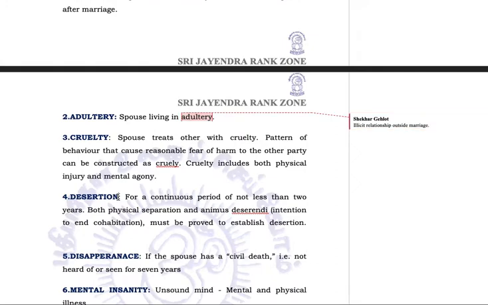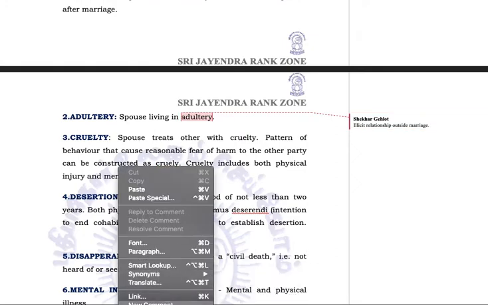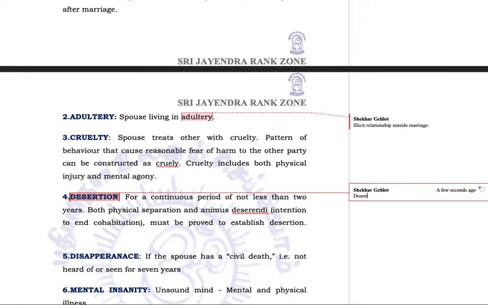Desertion. Desertion comes out from the word desert. Desert means alone. Desertion of the spouse means one spouse has left the other spouse alone for a period of not less than 2 years. For more than 2 years, the other spouse has left her, left him. Both physical separation as well as animus deserendi, intention to end cohabitation, must be proved to establish desertion.